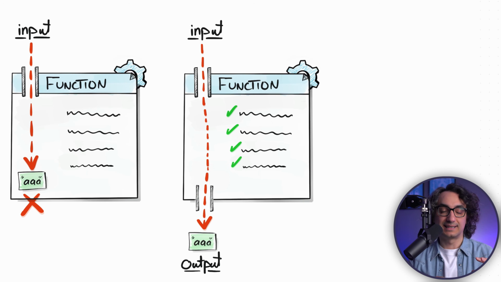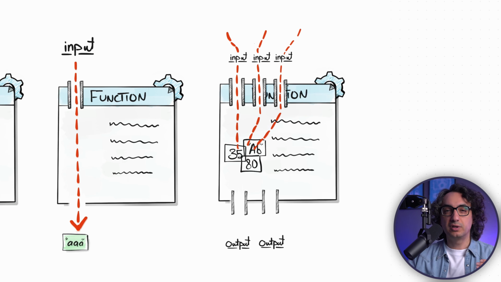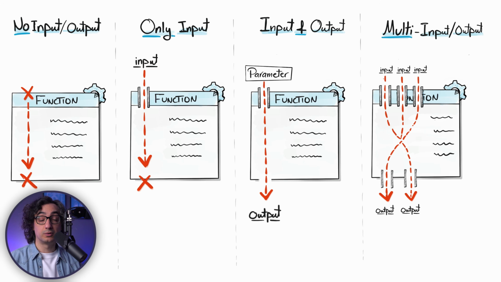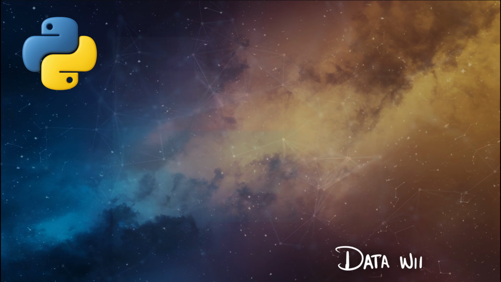That means data goes out. As well, we can have multiple outputs, so we are returning multiple values back to the program. So my friends, you have the full control on how to design your function by using the parameters, arguments, and return. So you have the full control on how the data gonna flow inside your function.